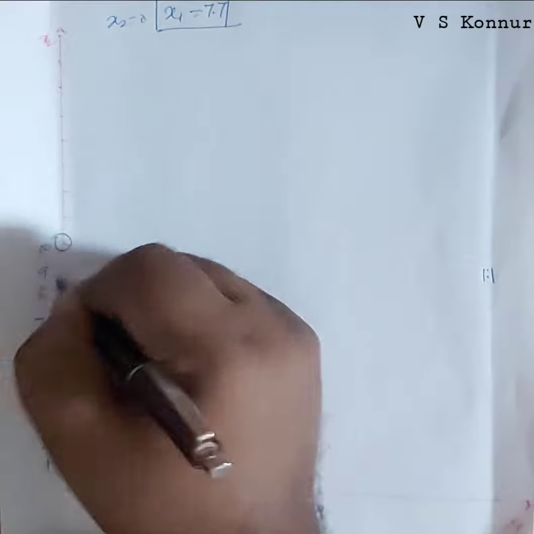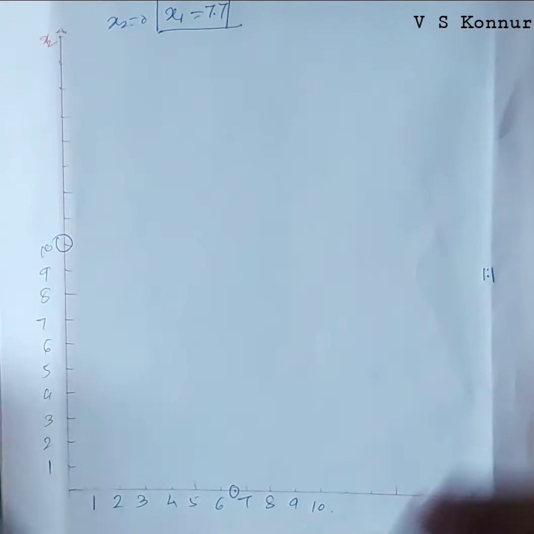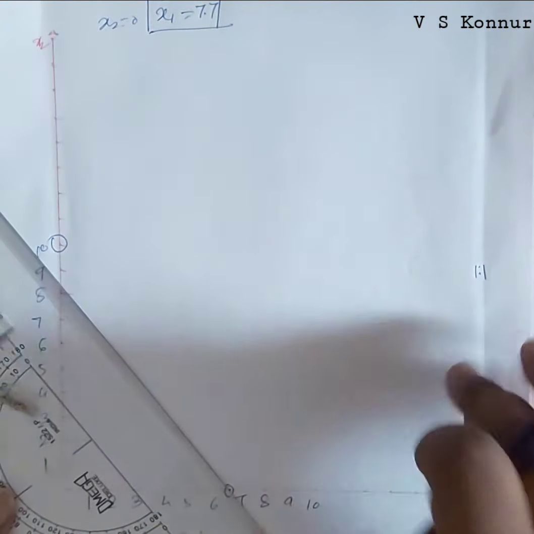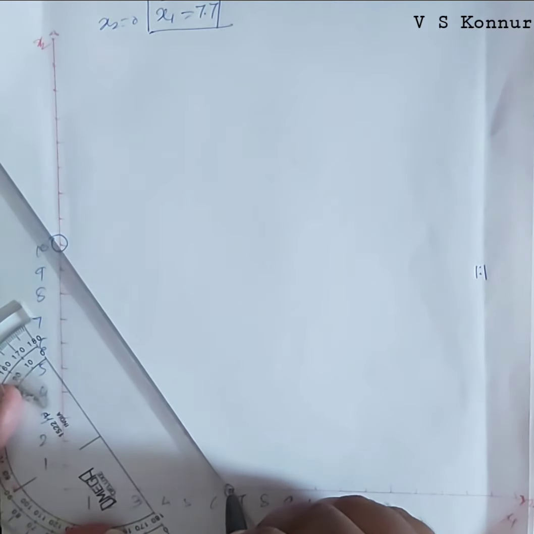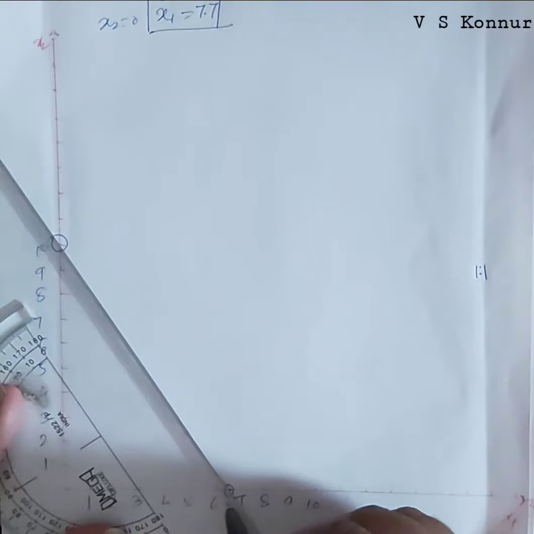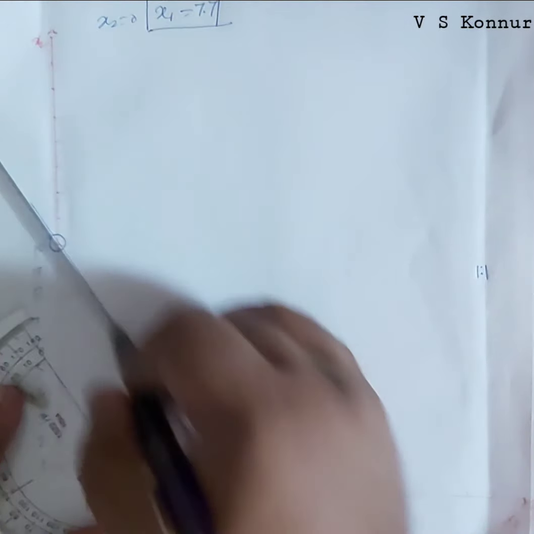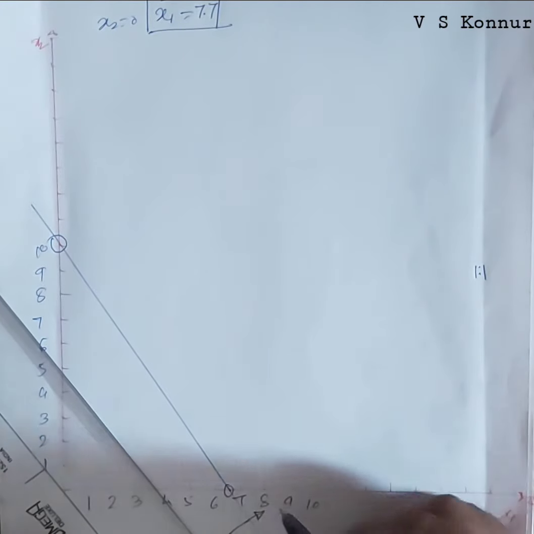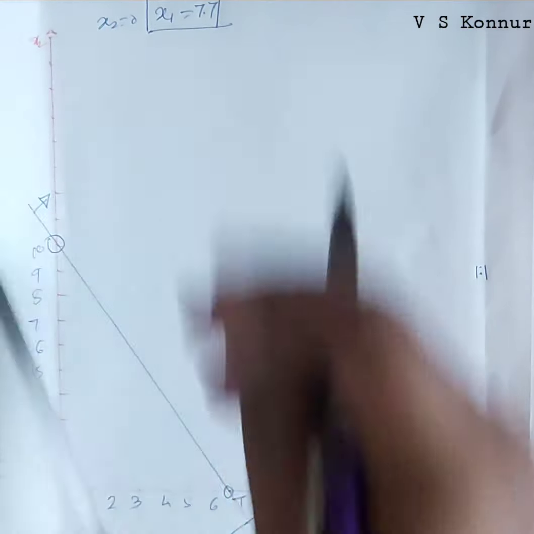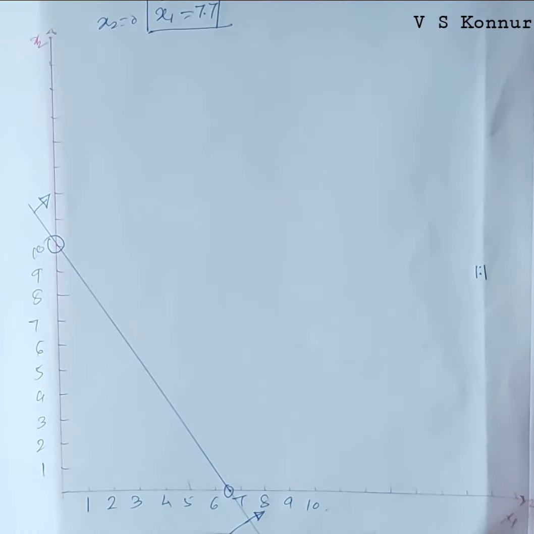Now we'll join these two points and mark away from the origin. Keep that in mind: away from the origin, because it is a greater than or equal to sign and it is a minimization problem, and we have to write the arrow mark away from the origin.